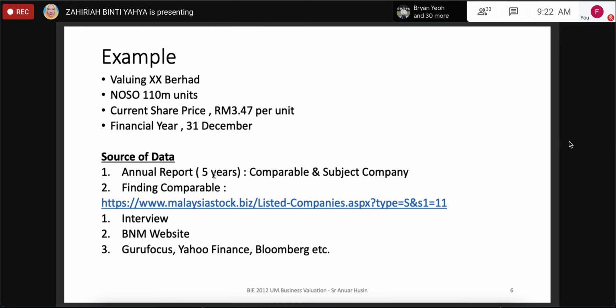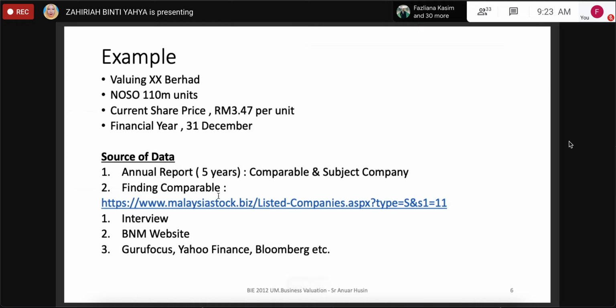Why do we need the last 5 years? Because we have to do forecasting. So we want to know the historical. And then as well the annual report for the comparable.